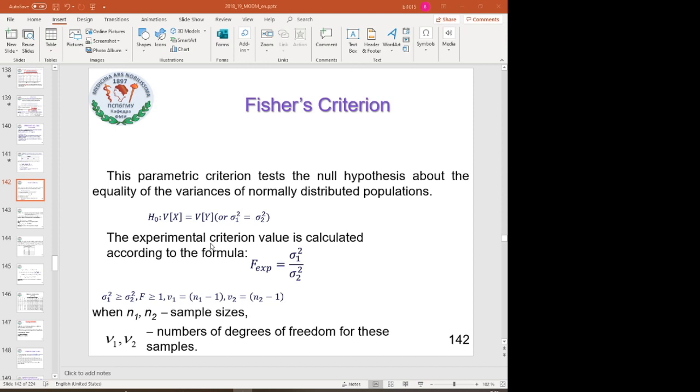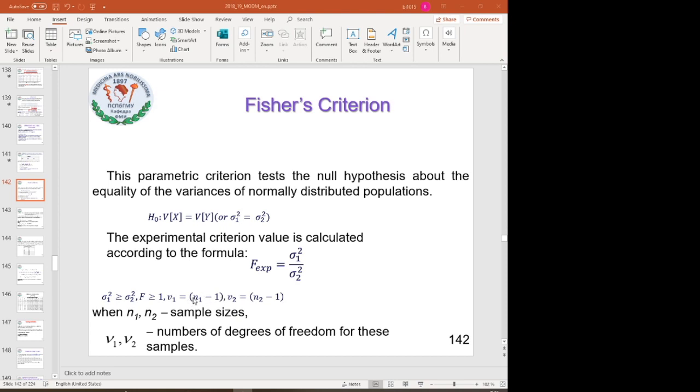The experimental value of the criterion is calculated like this: sigma 1 squared over sigma 2 squared, but sigma 1 should be bigger than sigma 2. We can swap the samples so the one with the bigger variance comes first. So the experimental value is always greater than 1, but rejecting or accepting the null hypothesis depends on how much greater than 1 it is.